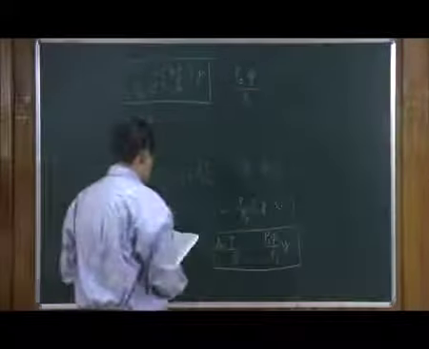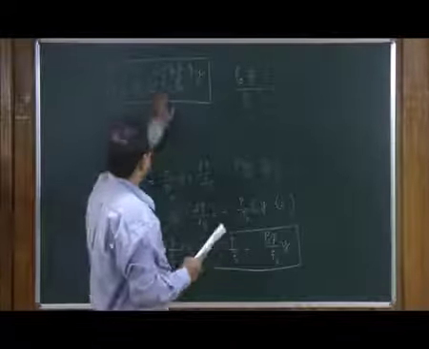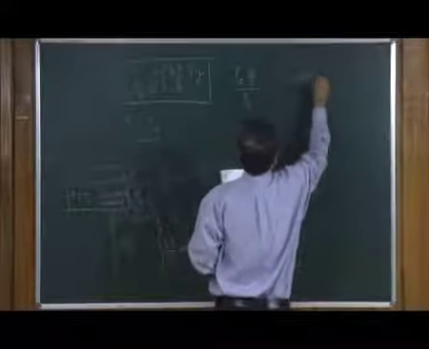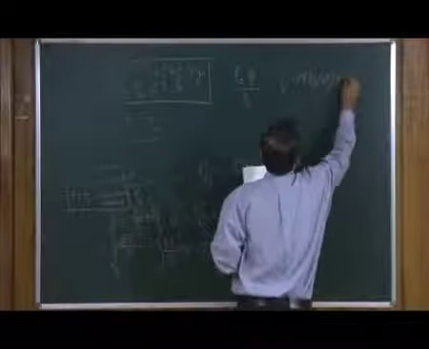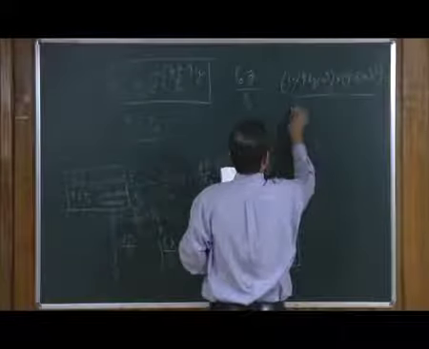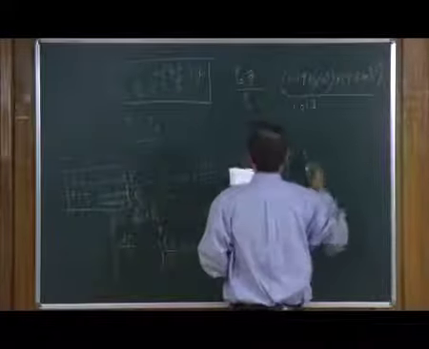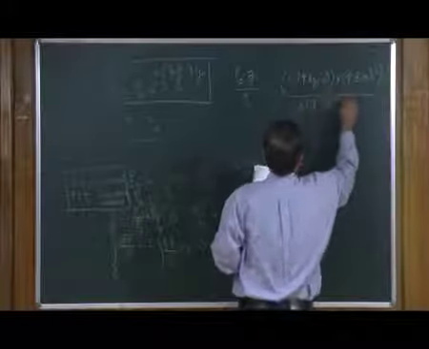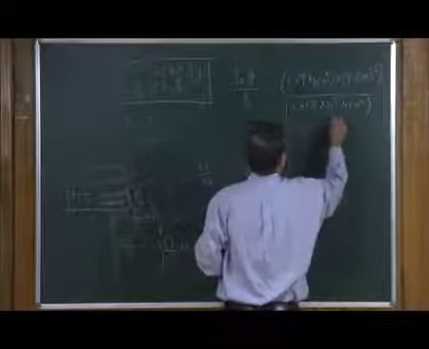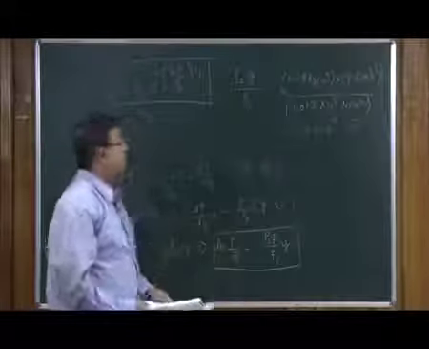All these quantities are constant, and so rho 0, which is the density of air at the sea level, is 1.29 kg per meter cube, multiplied by 9.8 meter per second square, divided by P0, which is 1.013 into 10 to the power 5 Newton per meter square, and this has a value 1.25 into 10 to the power minus 4, and this will have a unit of meter inverse or 1 over meter.